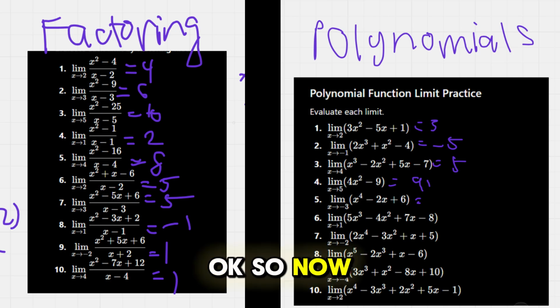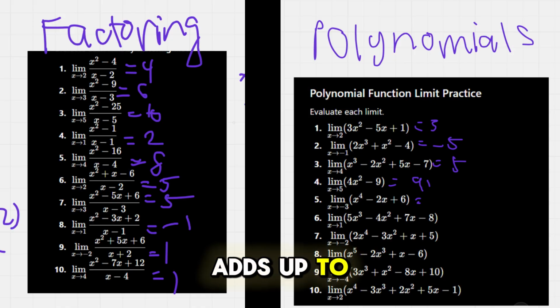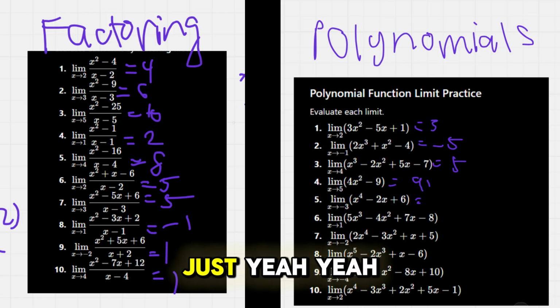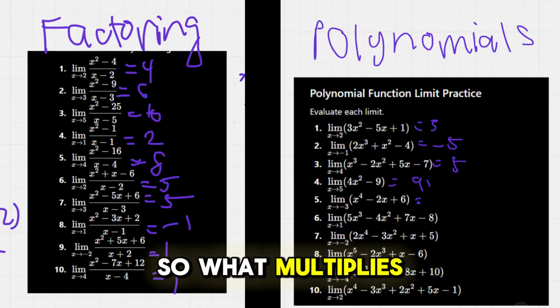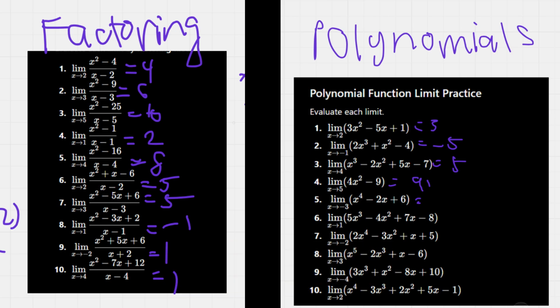Okay, so now we have this. What adds up to negative 7 and multiplies to positive 12? So what multiplies to positive 12 and adds up to negative 7? We're going to have both negatives.